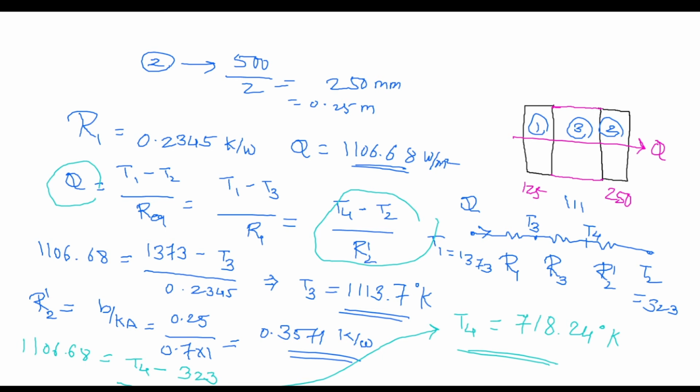So we will get T3 as well as T4. Once we get T4, then we know for this middle plate, step number 3, which is inserted in between, we want to know its thickness.